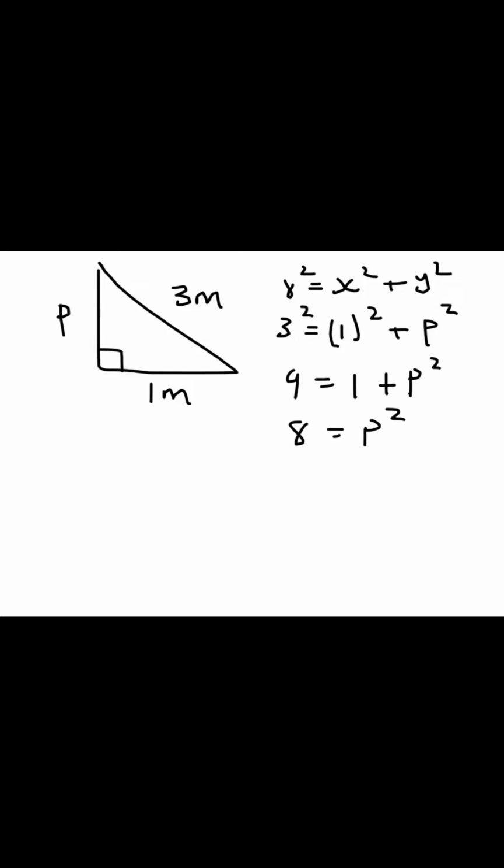Then what you can do now is to square root both sides so that you remove the square on that side of p. And then for 8, if you say square root of 8, you check what it gives you. If it gives you a decimal, do not write it as a decimal, it's fine, you can just leave it as square root of 8.